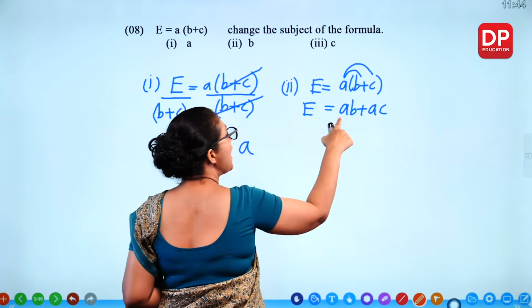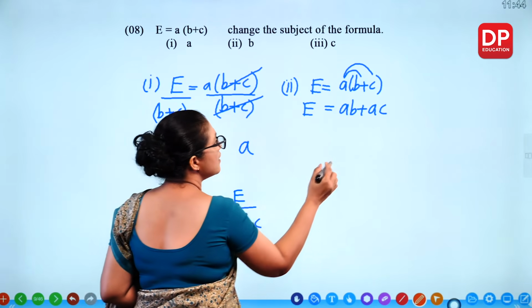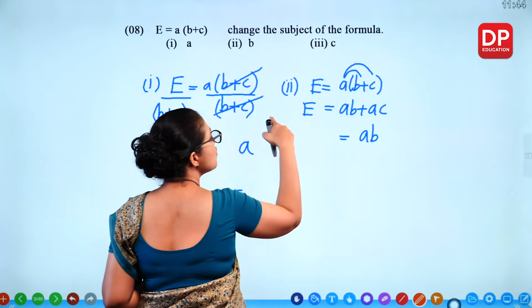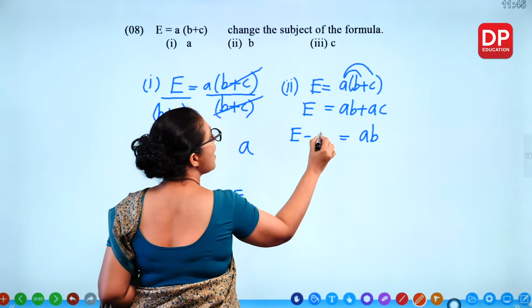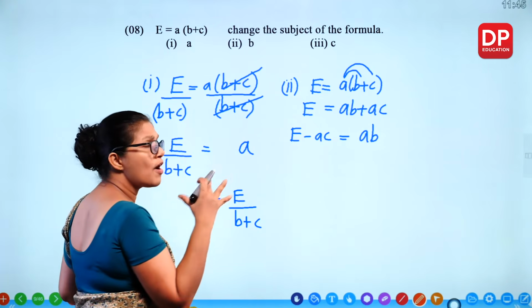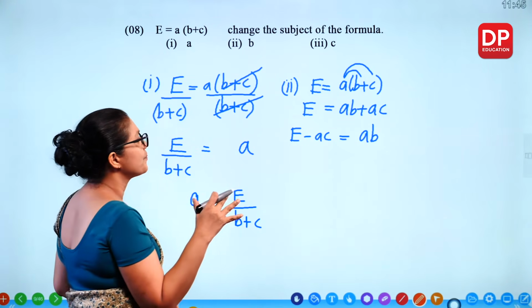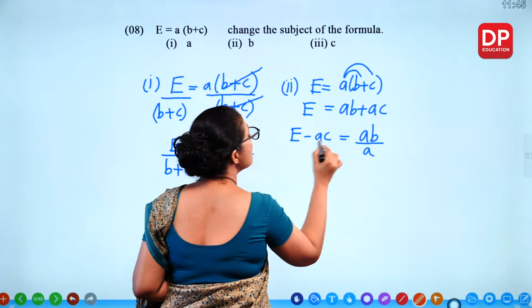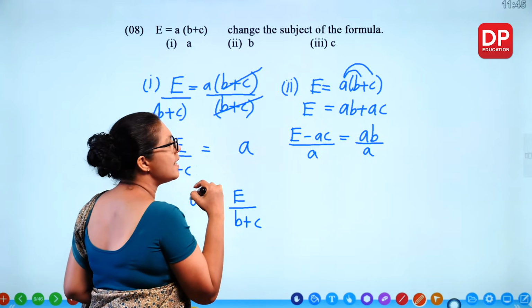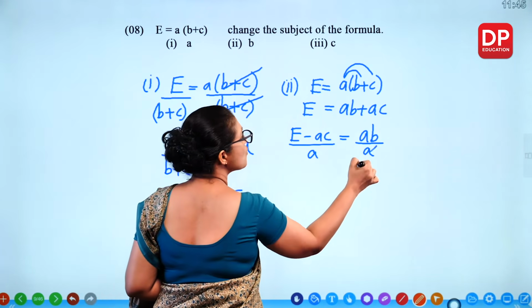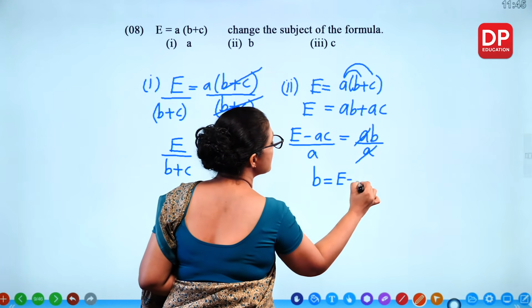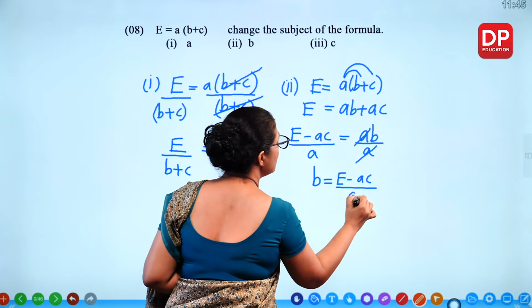Now you have to keep AB on one side, so you have to take AC to the other side. E minus AC, the whole term. Then you need B, so divide both sides by A. So what's the formula? B equals E minus AC over A.